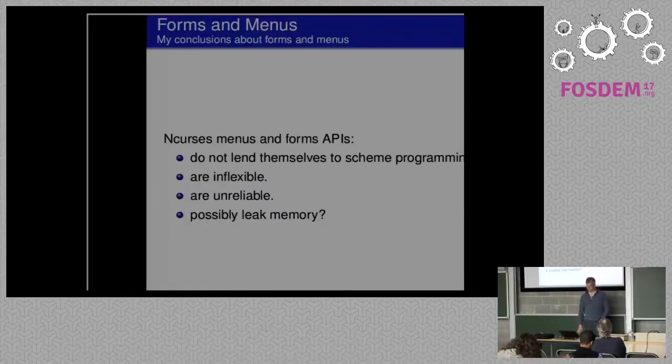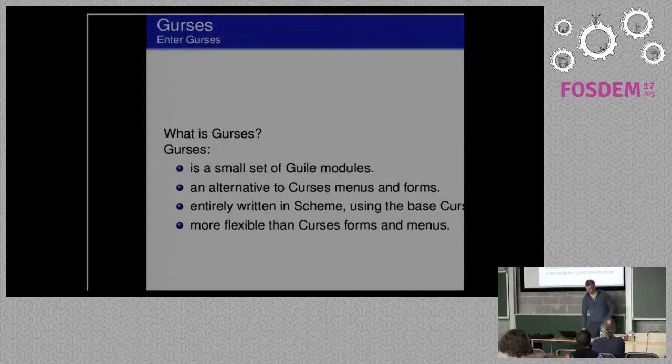Perhaps we can talk afterwards, Mike, but I don't mean to pour cold water on your efforts. Anyway, either rightly or wrongly, I decided not to use the forms and menus libraries of Guile in curses.